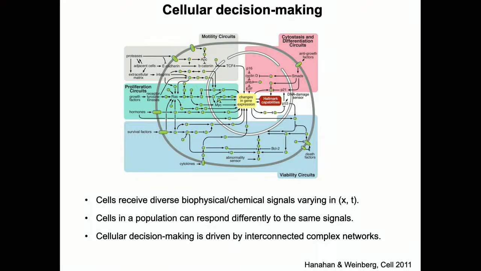There is ample evidence now across different biological systems that if you take a set of cells which are all isogenic, which means they all originated from the same cell with the same genetic background, you still see that they respond differently to the same signal. There are examples of this in drug resistance, in bacteria, in cancer.